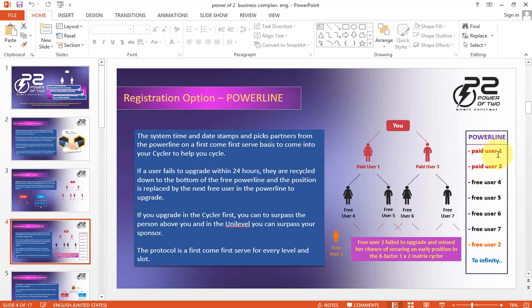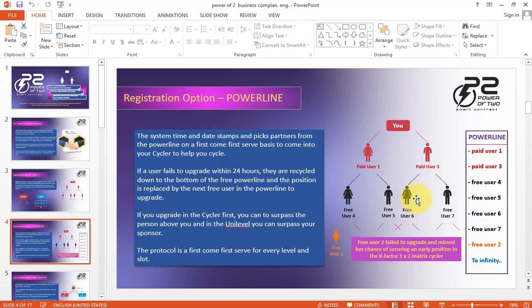So paid user 1 and paid user 3 were the first people that were able to upgrade successfully, and they secured their position in the active program. Now, free user 4, free user 5, free user 6, and free user 7 will be the next people in line to upgrade, and also will be placed into the active system.